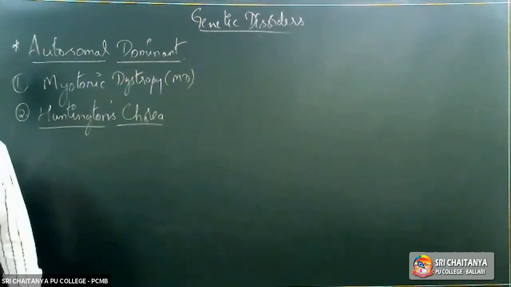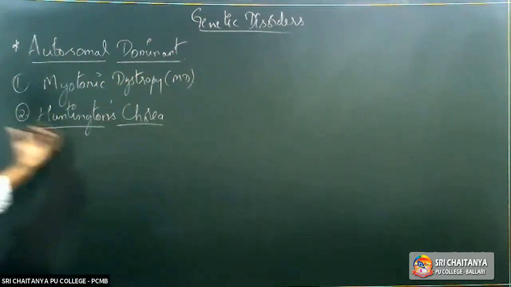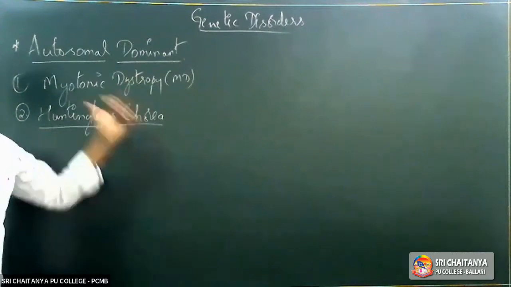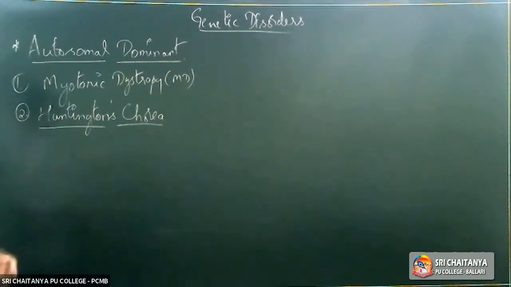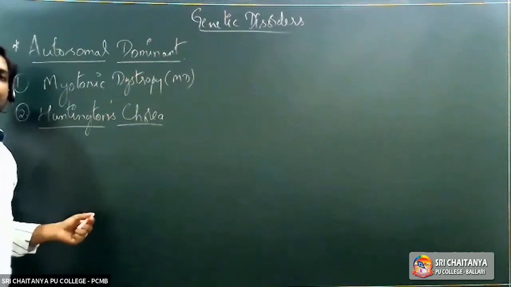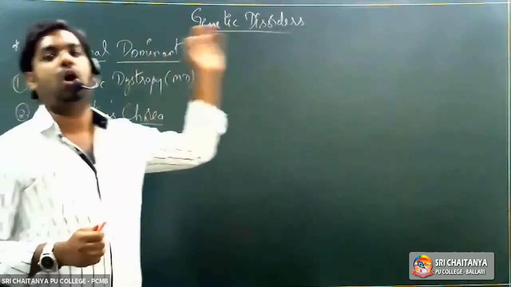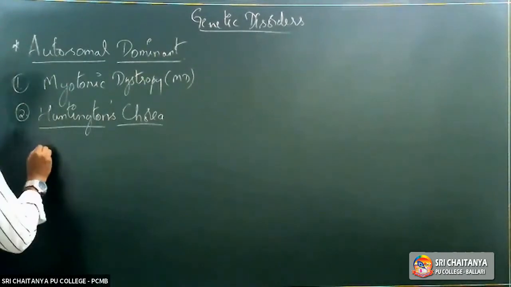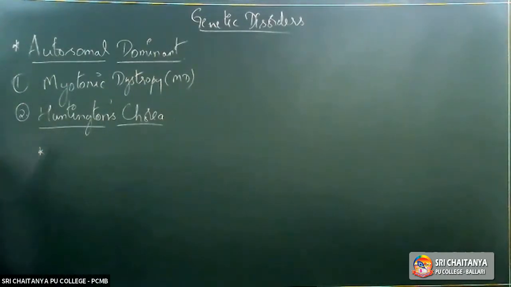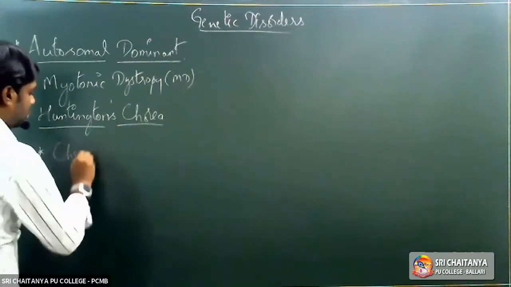So what does that mean? A dominant mutation is present in a gene that is located on one of the autosomes. Here, in Huntington's chorea, there is a mutation seen in a gene that is located on chromosome number 4.